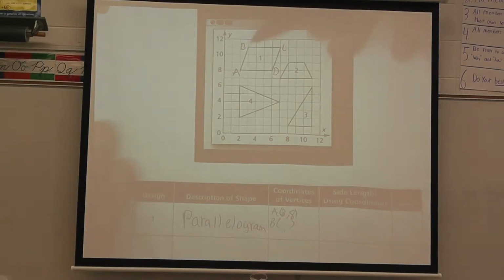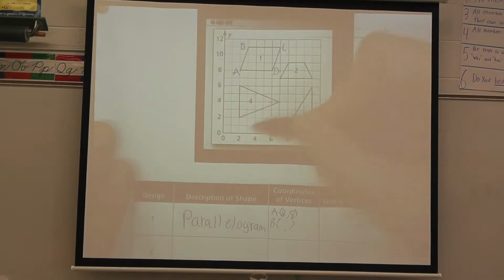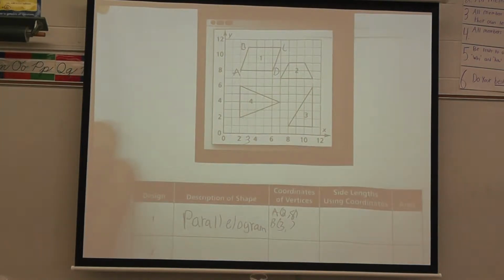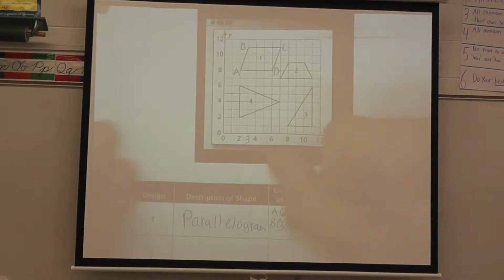Okay, so I said vertex B is here. If I follow this line down, that's at 3. I know this is 3 because this line is halfway between 2 and 4. Some of you might decide to label that on there as well. So the first one was 3, and this is going to be 11. So it's (3, 11). C, and again, I'm kind of jamming my numbers in here.